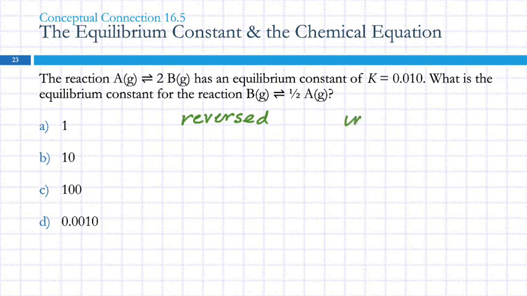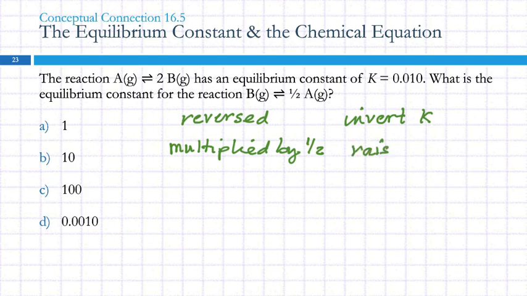So that means we invert K. And we multiply the coefficients by 1/2. So then what do we do with K? Raise it to the 1/2 power.